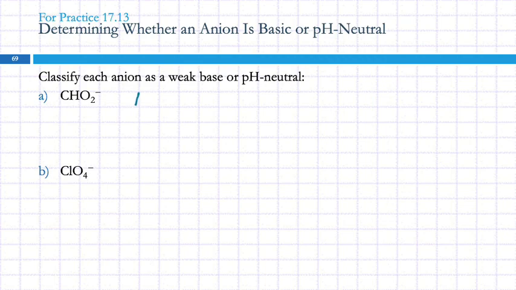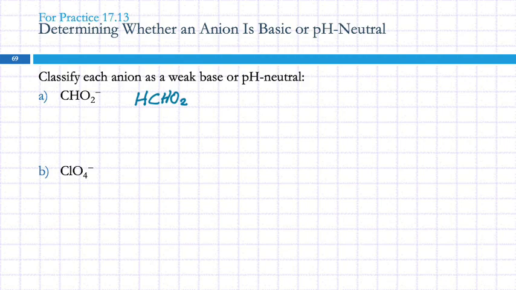No, it's not acetic acid. But we're going to slap a hydrogen ion on there, and we'll get CHO2, sorry, I put the 2 in the wrong place. I was thinking of formic acid. Is that weak or strong?